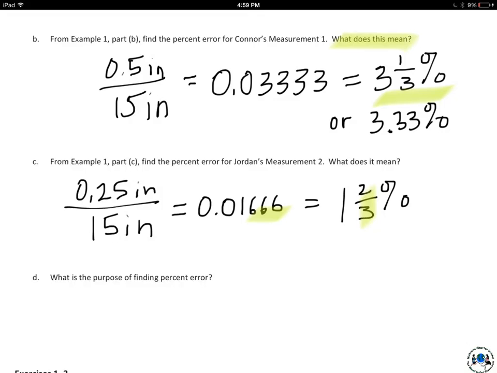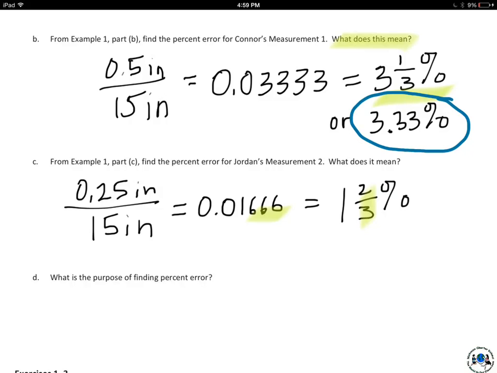So if we look at these and compare Connor's measurement 1 versus Jordan's measurement 2, we could see that Connor had a greater percent error than Jordan had.